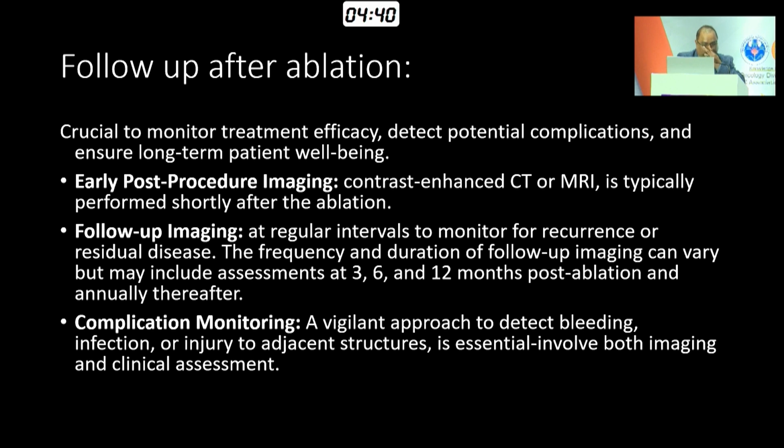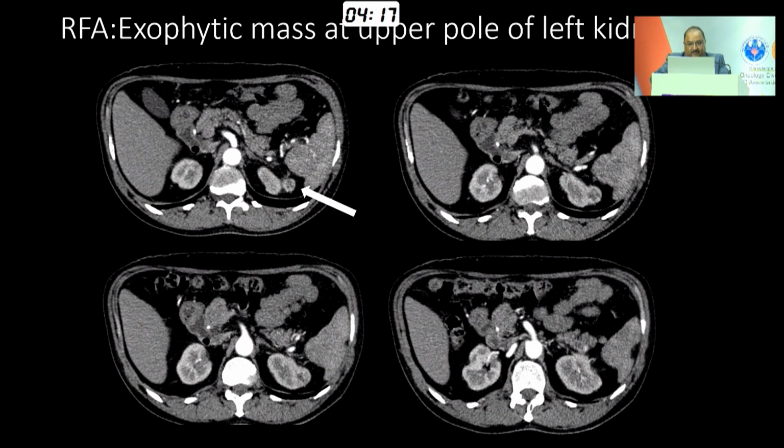Early post-procedure imaging is done with cross-sectional imaging, CT and MRI, and follow-up imaging is usually done at 3, 6 and 12 months post-ablation. During the entire process of ablation and post-ablation, complication monitoring is done with imaging and clinical assessment.